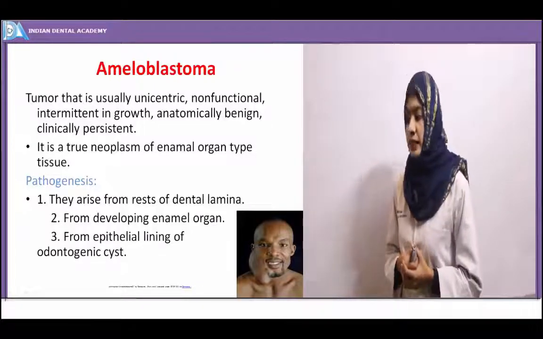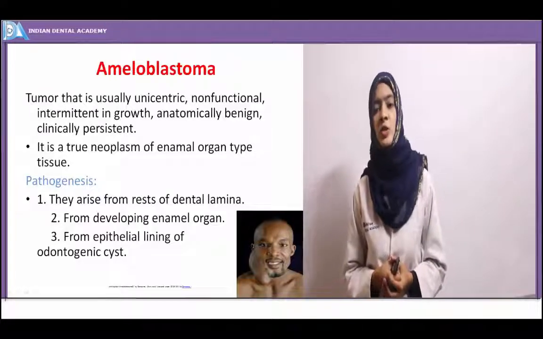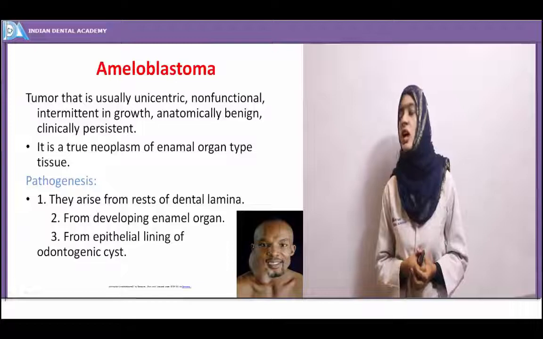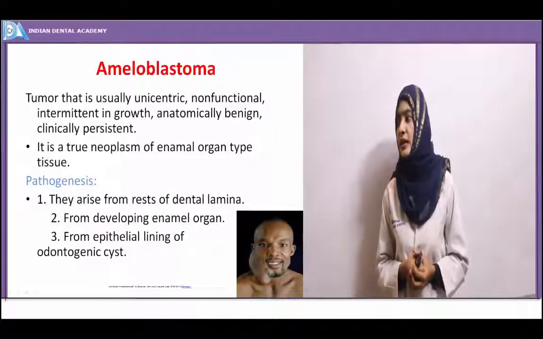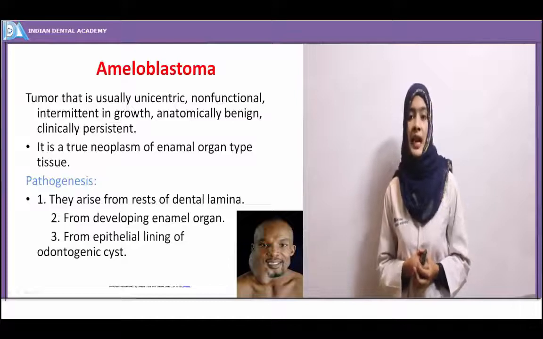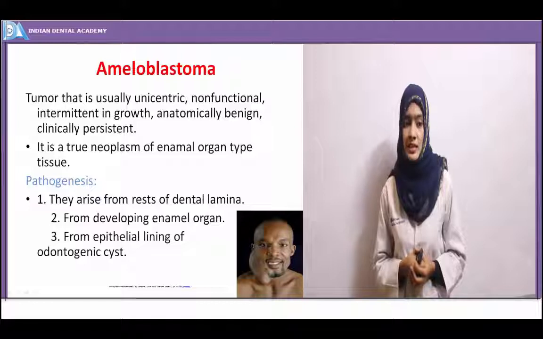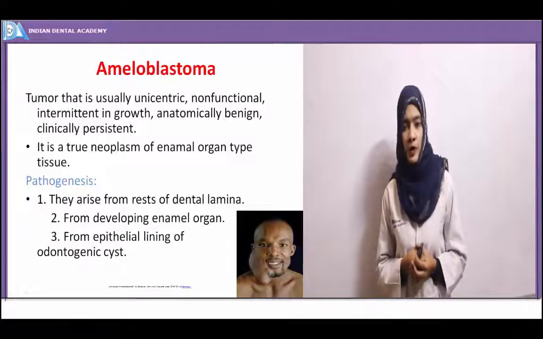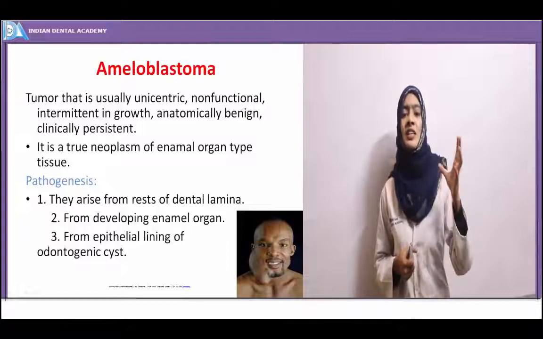Basically, there is a characteristic definition given for ameloblastoma. The tumor is unicentric, non-functional, intermittent in growth, clinically benign, anatomically benign, and a clinically persistent lesion. As I told you, it's a benign lesion but with proliferative growth. Unicentric means that it arises from a single center.